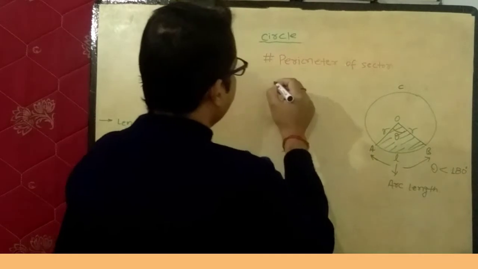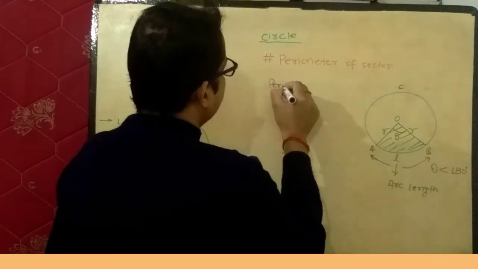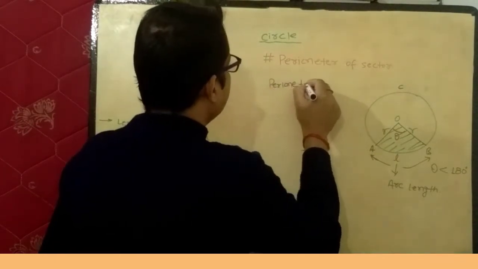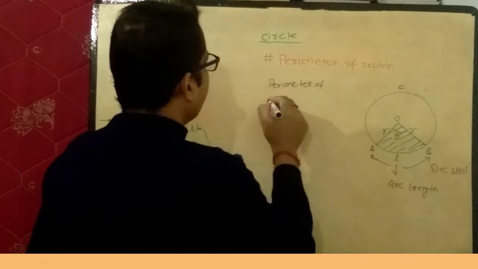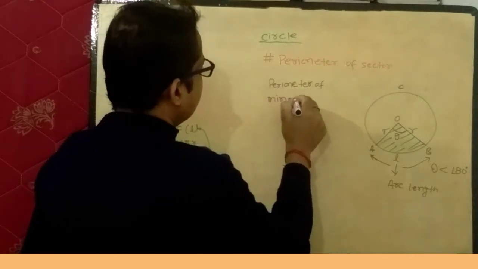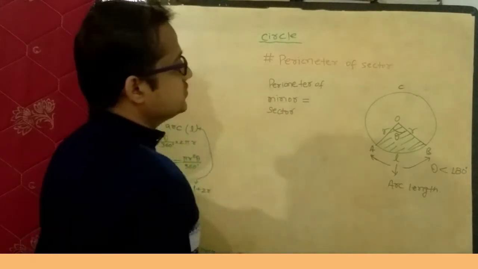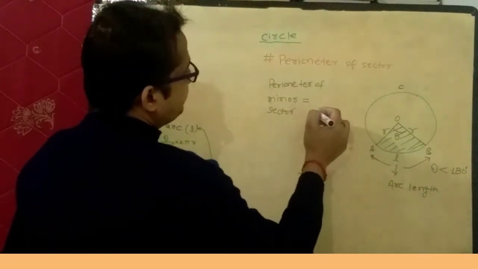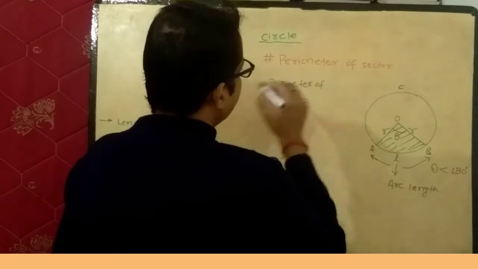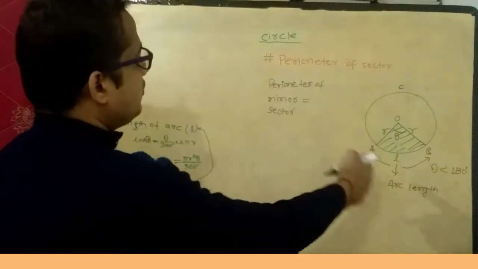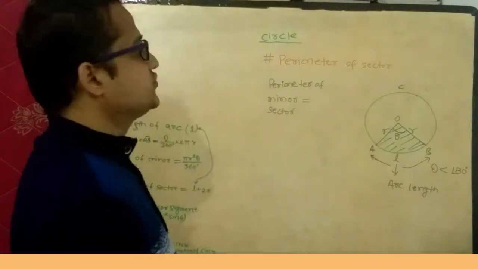So here perimeter of minor sector equals to, this is arc length l. So perimeter, basic meaning of perimeter is sum of boundary of a given closed figure.